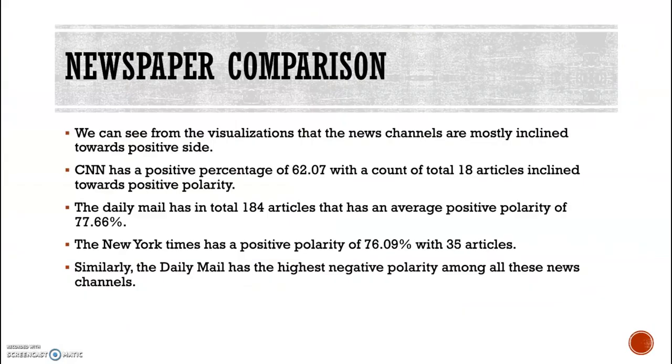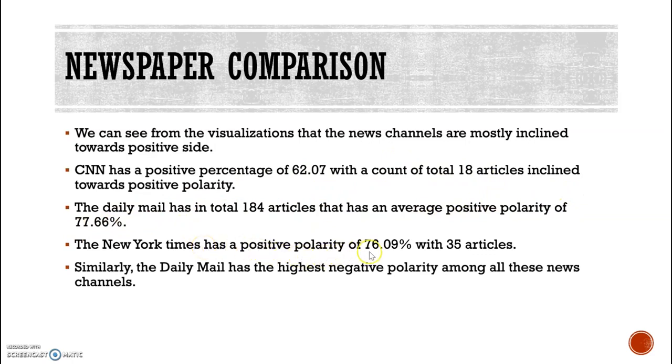So these visualizations tell us that most of the news channels are inclined towards a positive side, as you can see. CNN has a positive percentage of around 62%, with a total of 18 articles in the positive one. Similarly, Daily Mail has a total of 184 articles on the positive side, with a positive percentage of 77%.